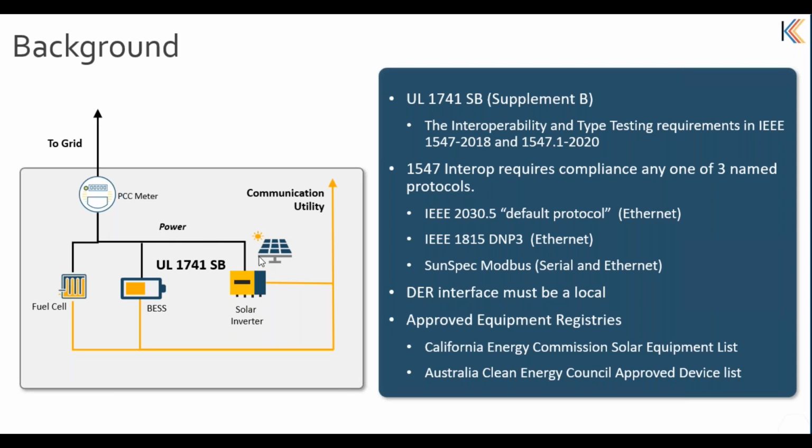1547.1 is the test procedure sub-standard, which covers type testing as well as interoperability testing for the DER. The type testing part covers testing of functional aspects of the DER, like what functionalities are supported by each DER equipment. That is primarily covered in the functional testing.